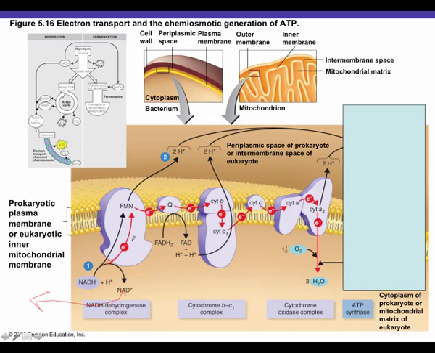These electrons now are getting pushed from one carrier to the next carrier, moving around just this way between all these different enzymes, and every time the electrons are being carried, protons are being pumped out. So they're being pushed from one side of the membrane to the other side of the membrane. What type of transport is this, by the way?